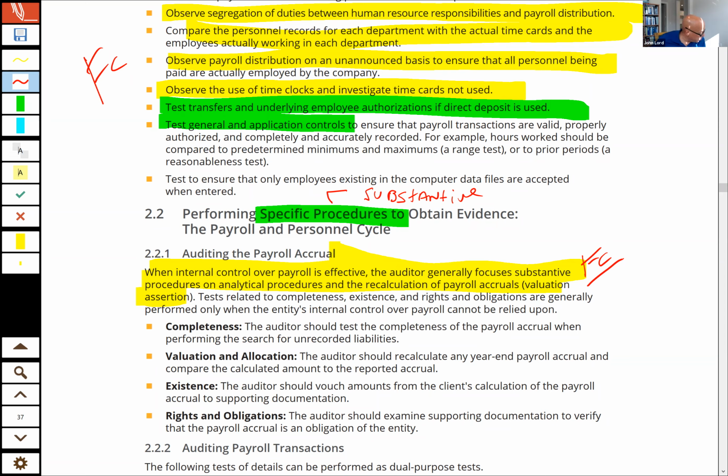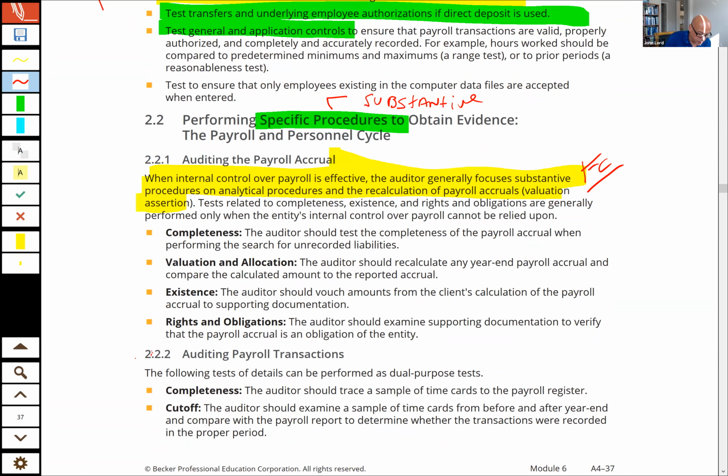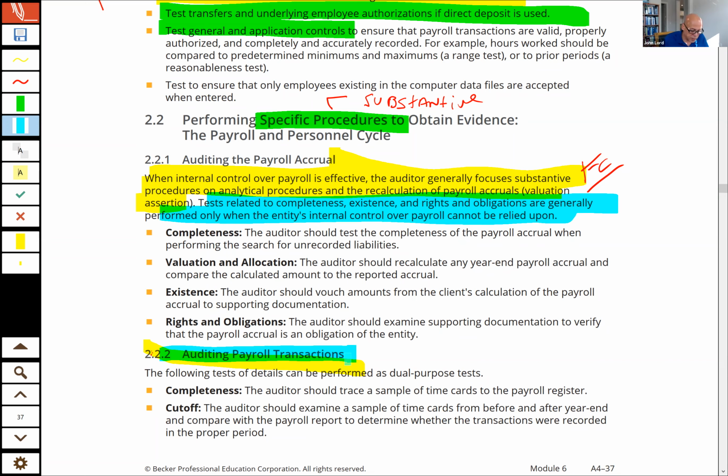Okay. Now they do talk here, although it is not something that is generally done, about procedures over specific transactions, and we'll get down to those here in a second. But let's just take a look at a couple of things here. Tests related to completeness, existence, rights, and obligations are generally performed only when the entity's internal control cannot be relied upon. So when we start getting into some of the transactions, that's assuming we're trying to lower that detection risk because we identified some poor controls.